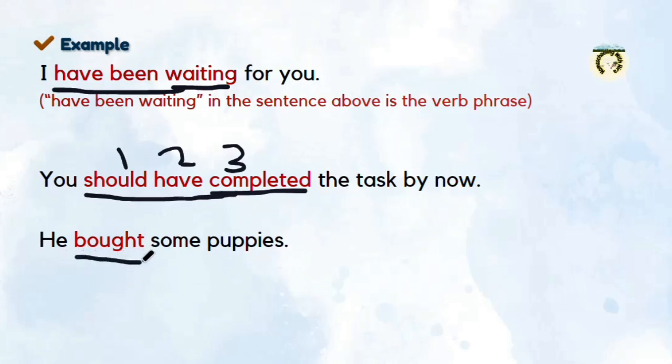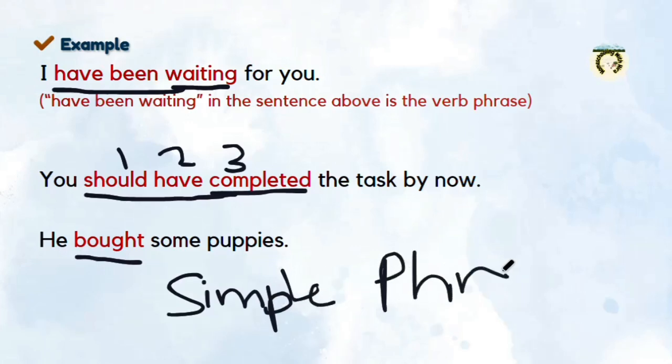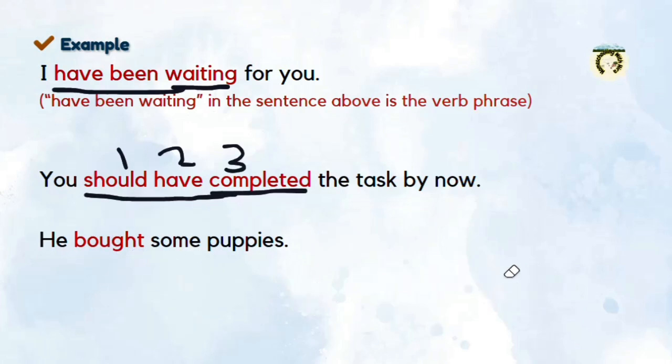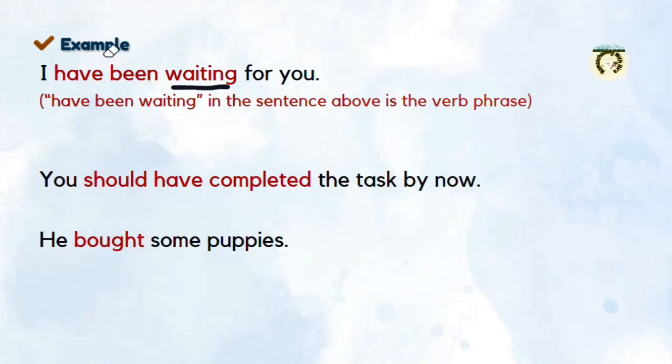Bought is a single main verb, but at some places you will find this thing as a simple phrase. Though we say phrases are groups of words, I have seen on some authentic websites that they are calling a single verb a simple verb phrase as well. It's just for your information. If you don't want to go with this, it's fine. Just remember two or three verbs together make a verb phrase.